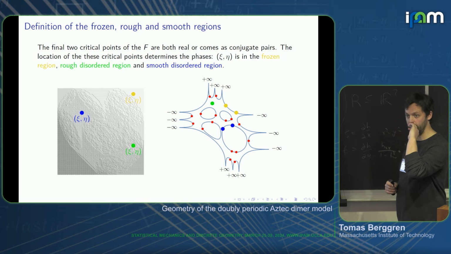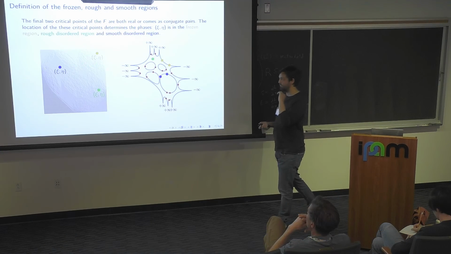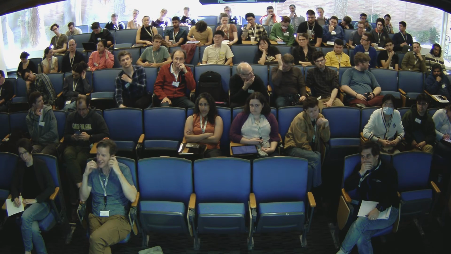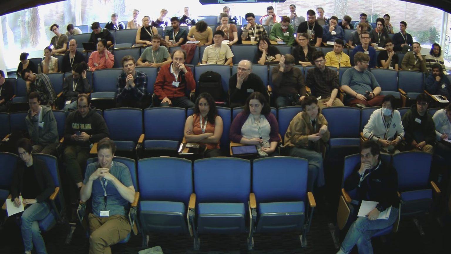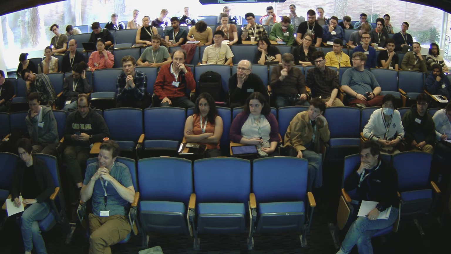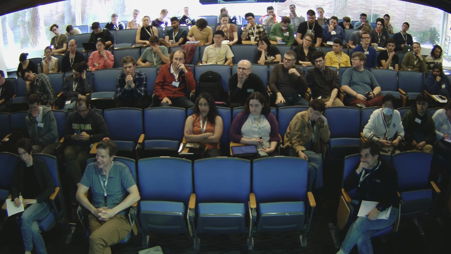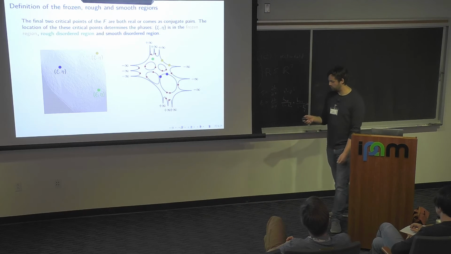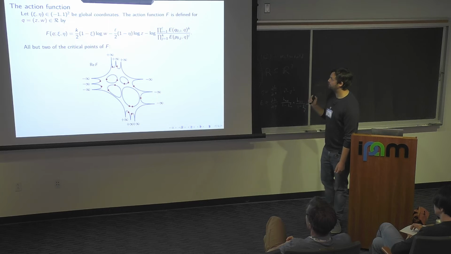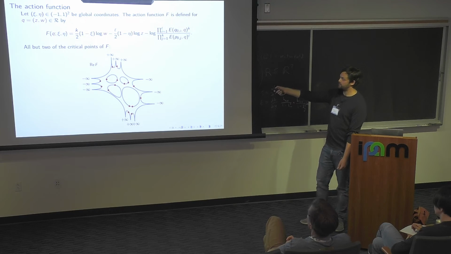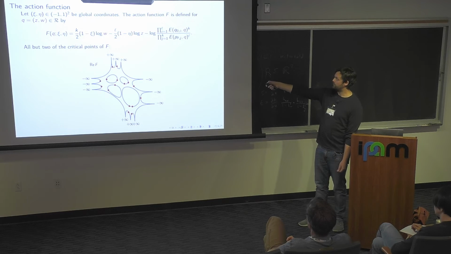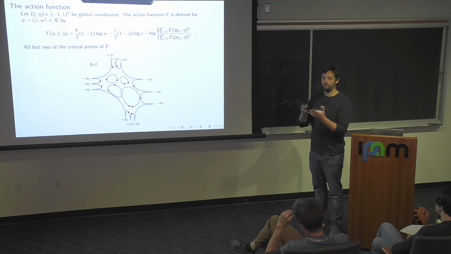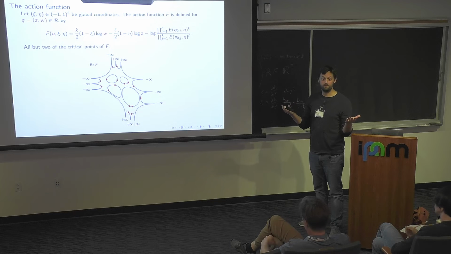If you apply this urban renewal dynamics to these weights, do these critical points move around? I would say no. Under the urban renewal, the spectral curve stays the same, right?